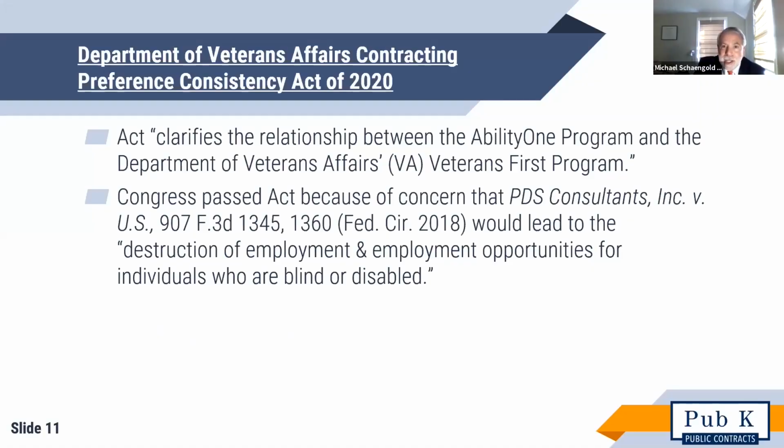Congress passed this legislation in response to the Federal Circuit's 2018 ruling in PDS Consultants v. United States. In that case, the circuit held that where a product or service is on the AbilityOne procurement list and ordinarily would result in the contract being awarded to a nonprofit qualified to assist blind and severely handicapped workers, the 2006 Veterans Benefits, Healthcare, and IT Act unambiguously demands that priority be given to veteran-owned small businesses.